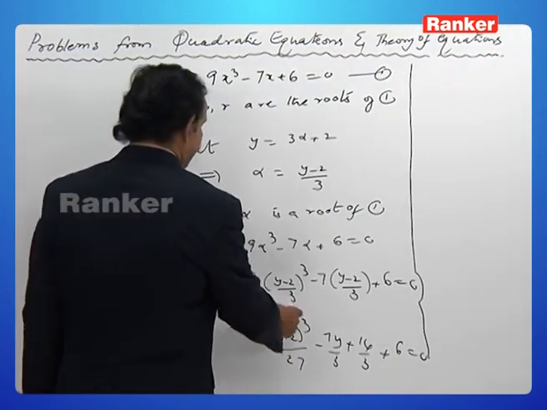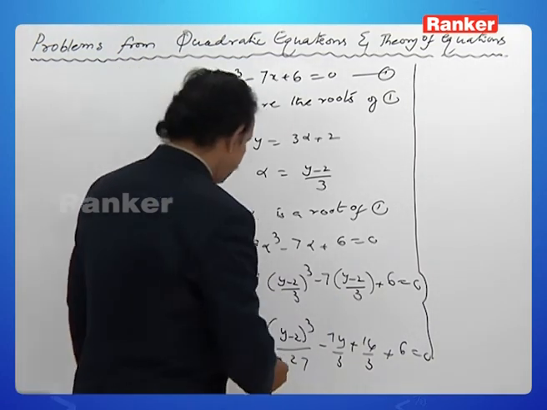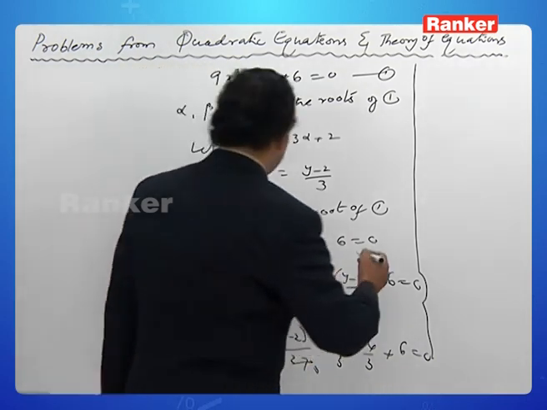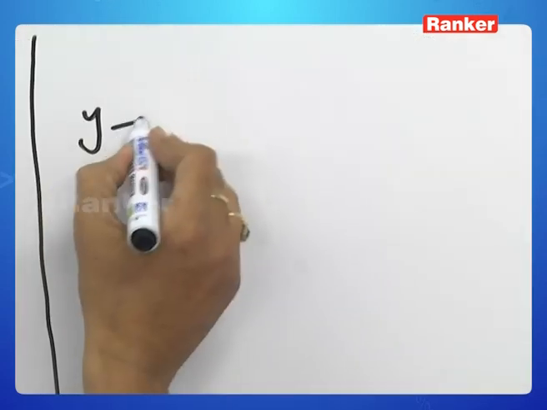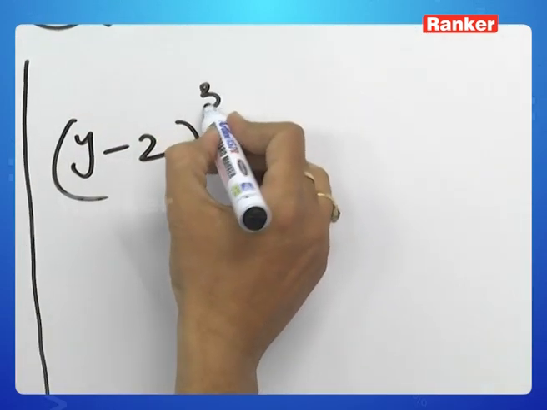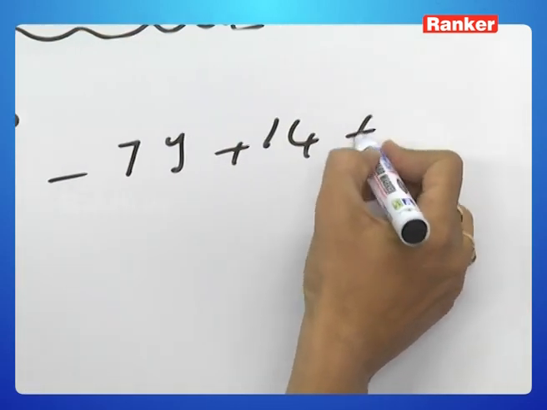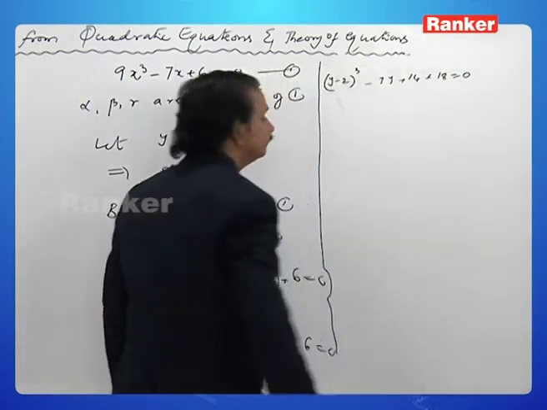Well, 9 into this is 27, multiplied throughout with 3, this is nothing but 3. Multiply with 3, what is going to happen? (Y minus 2) whole cube minus 7y plus 14 plus 18 is equal to 0.